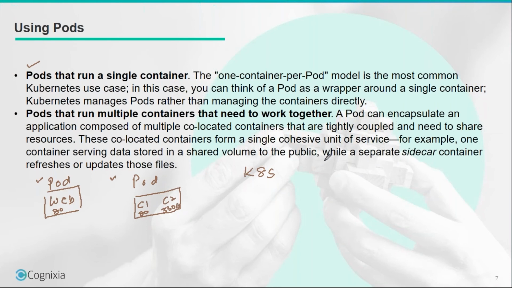K, then 8 letters in between, and then S, so we call it K8s also. So if you see somewhere K8s or Kubernetes, both are referring to the same term.